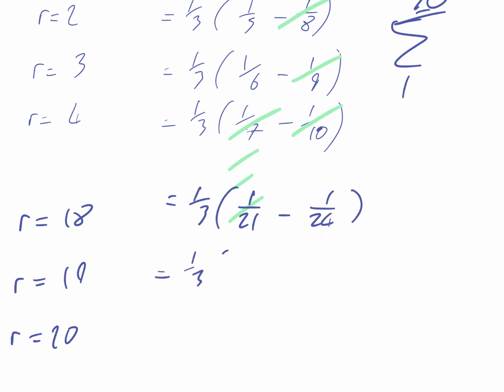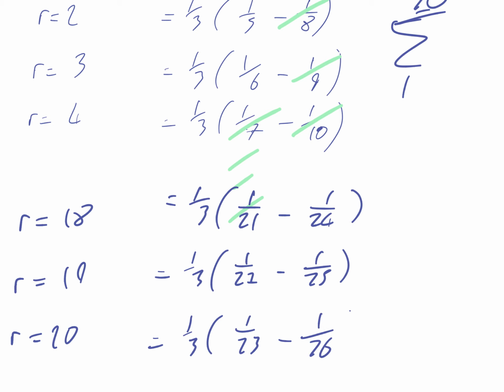Then you'll have 1/3, and they both just go up by 1, so it's 22 minus 1 over 25. And the last one is 1/3 times 1 over 23 minus 1 over 26.